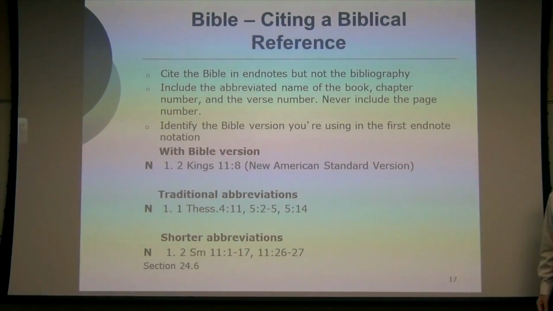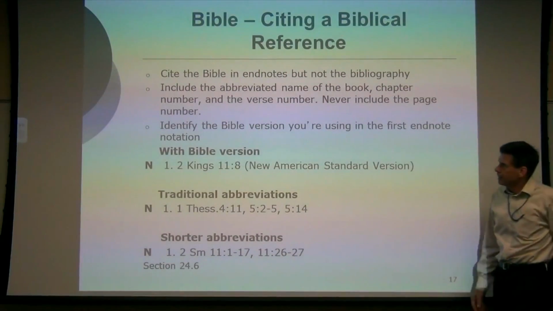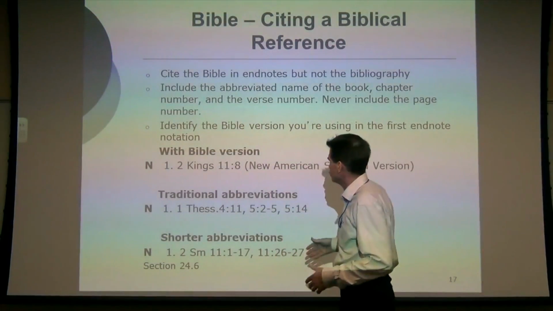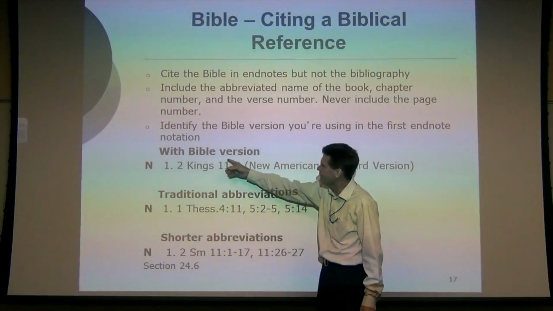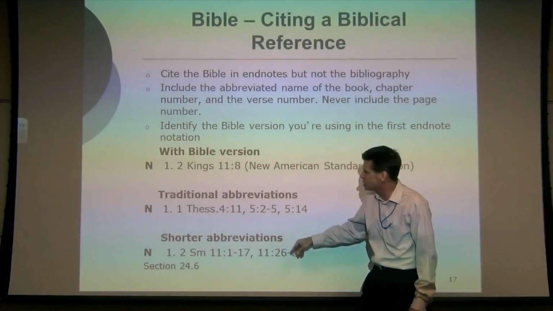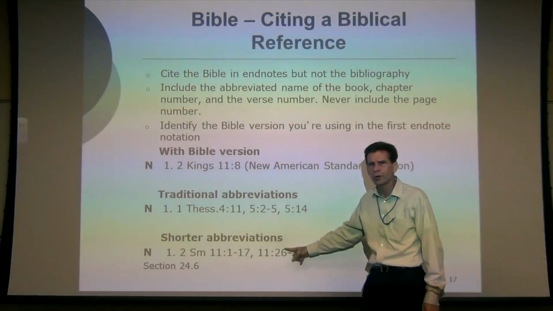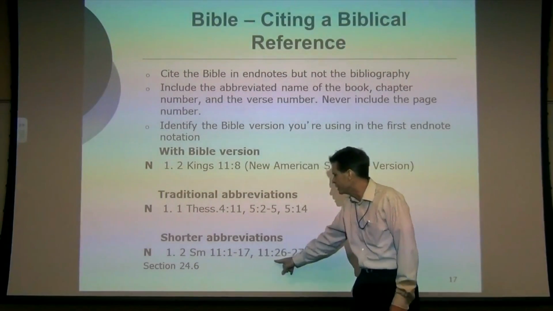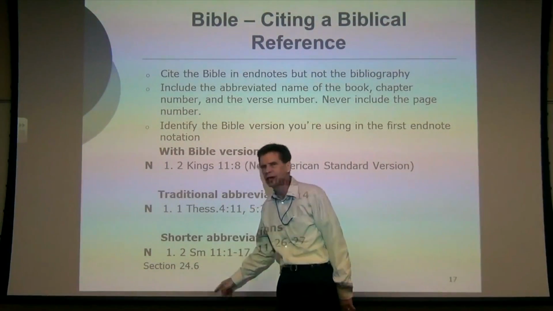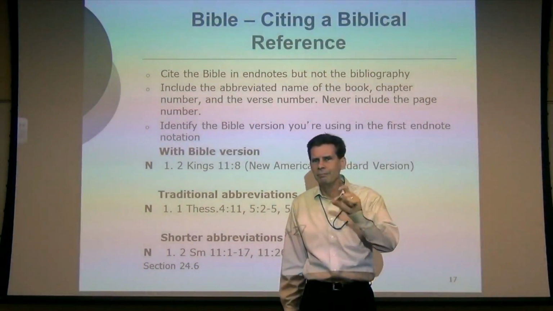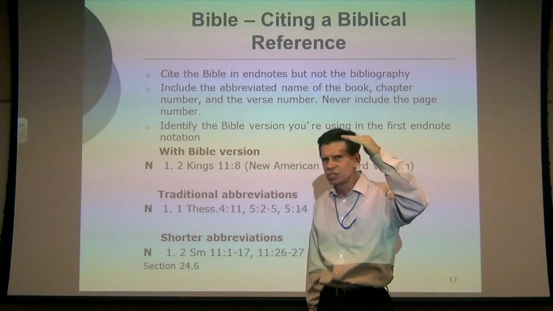All right. Citing a biblical reference. This is something that happens here. They have a list in Turabian with the traditional abbreviations, or you can choose these shorter abbreviations. And if you go to these pages, this section 24:6, it will show you what they are. But make sure you do the same, you're consistent all the way through.